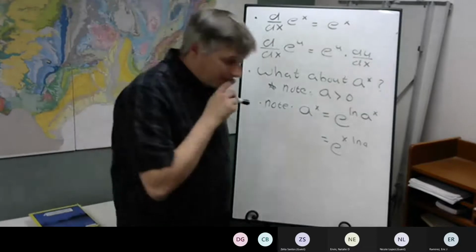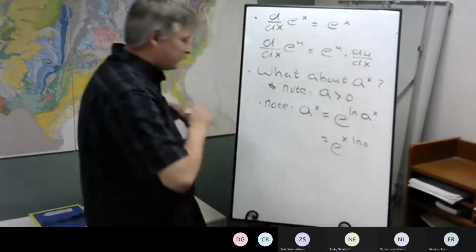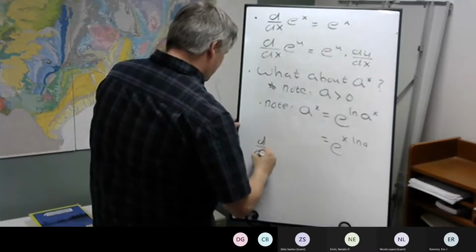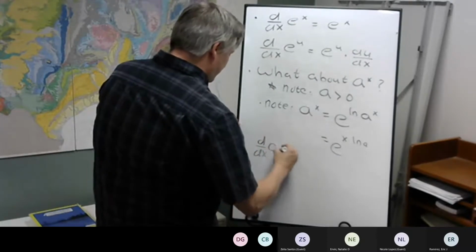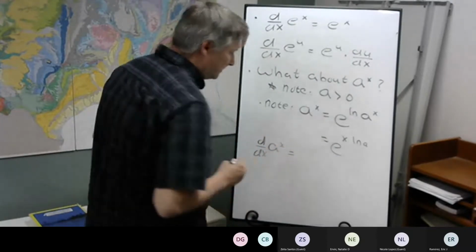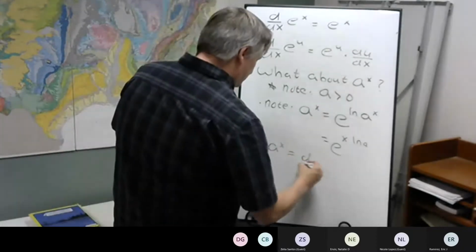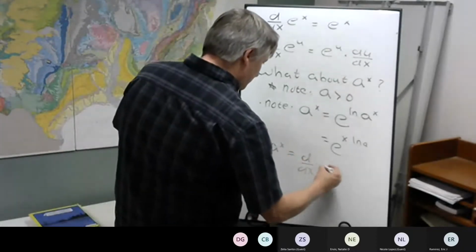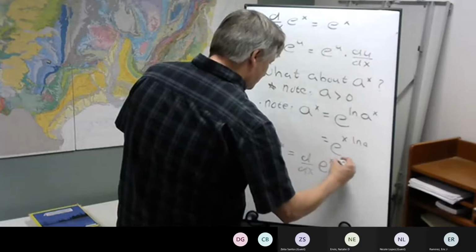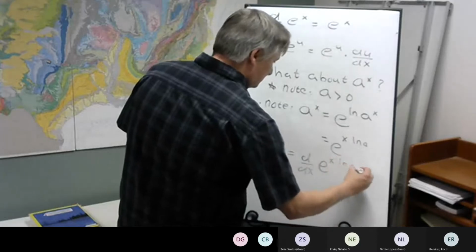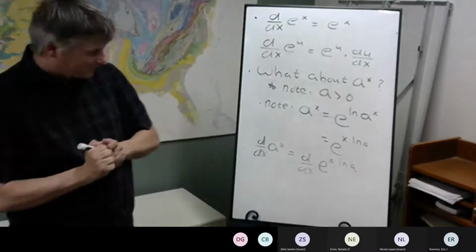It's really helpful. So now we're going to compute the derivative of a to the x. Well, to do this, we're going to rewrite it as the derivative of e to the x natural log of a.